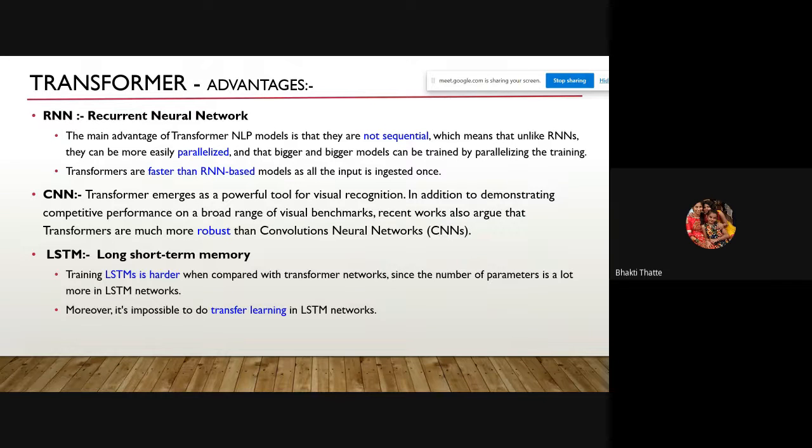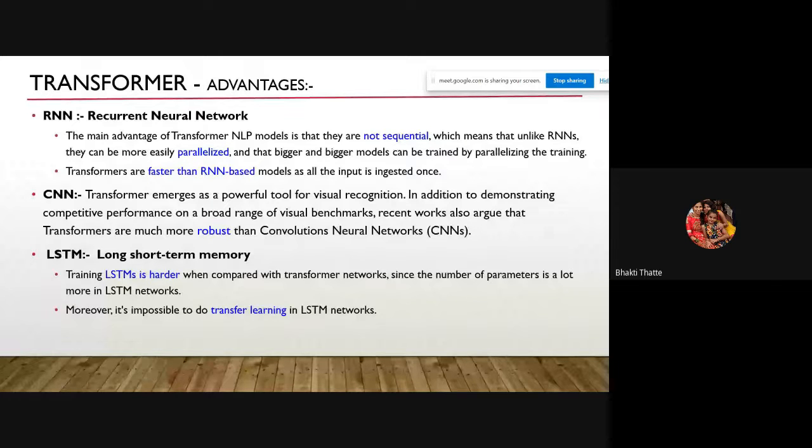The advantages of transformer architecture over RNN, CNN, and LSTM are as follows. With respect to RNN, transformers are a parallel functioning architecture, so they train bigger models in parallelizing mode, whereas RNNs are sequential, and transformers are much faster than RNN.